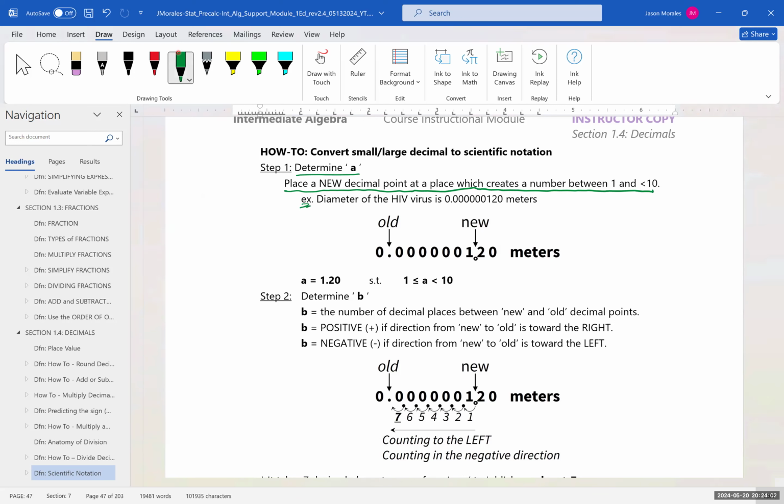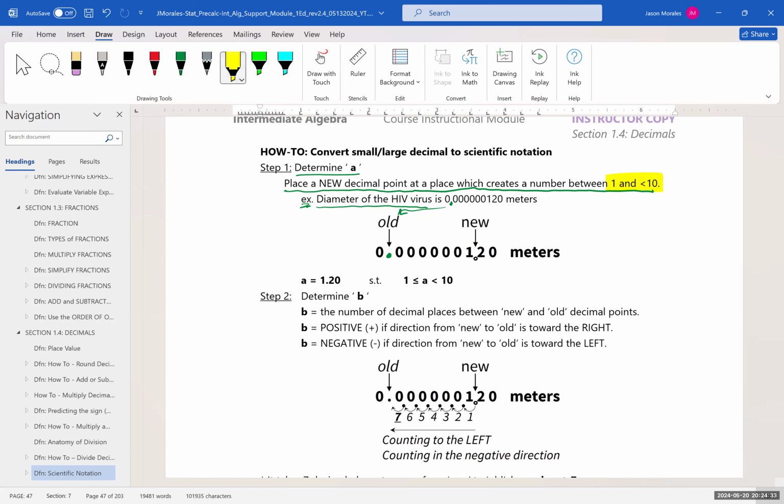So for example, the diameter of the HIV virus is 0.000000120 meters. This decimal point right here is what we're calling our old decimal point. Now we want to place a new decimal point where we're creating a number between 1 and 10.